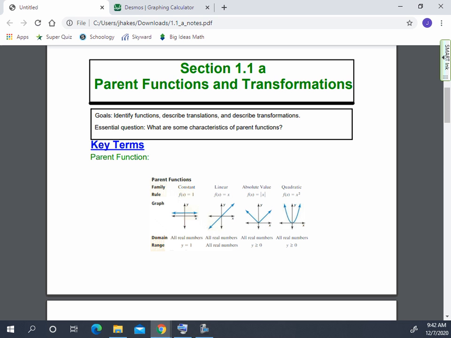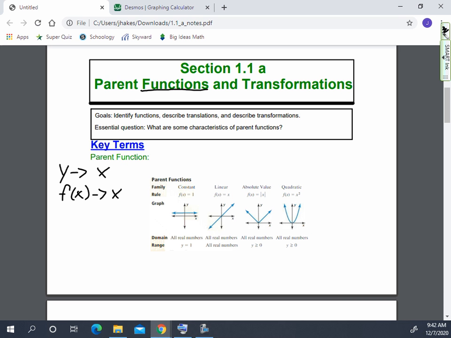So section 1.1 is parent functions and transformations. Let's start with this word right here, functions. What is a function? A function is a relation from y to x, or in some of these cases, f of x to x.